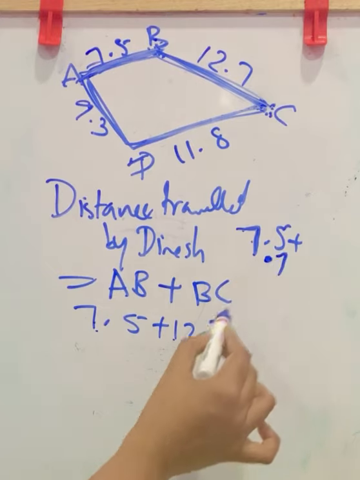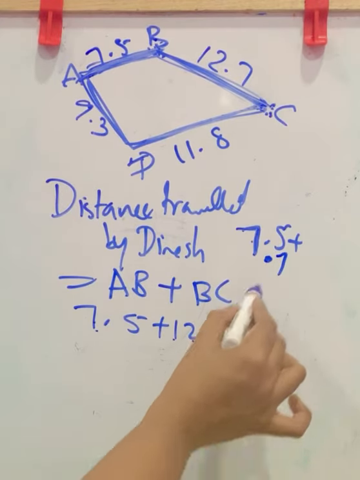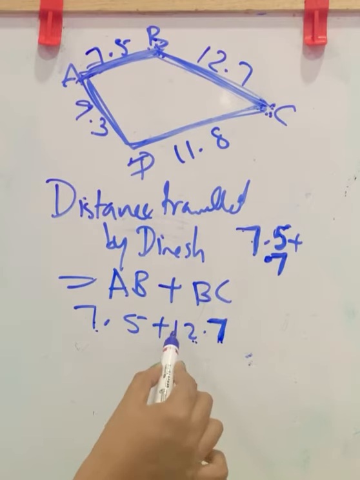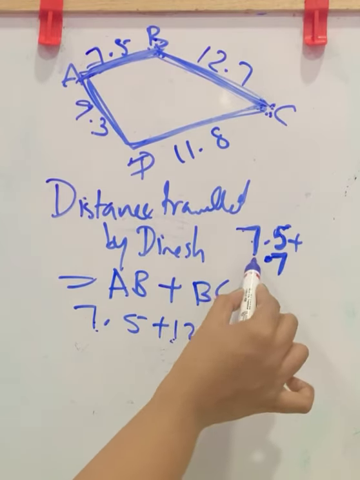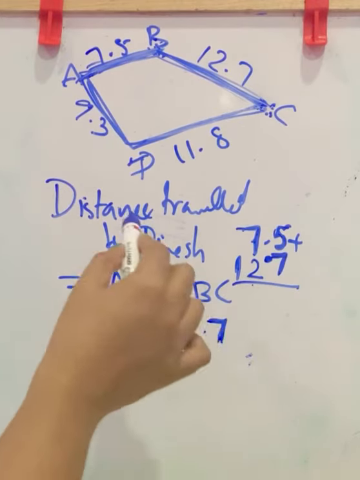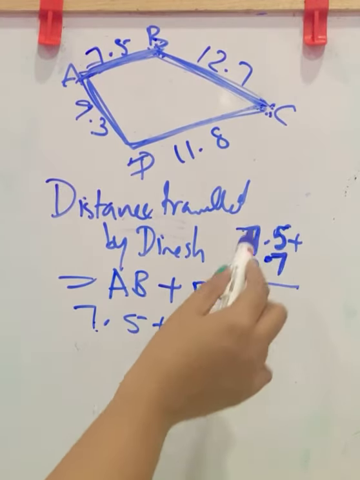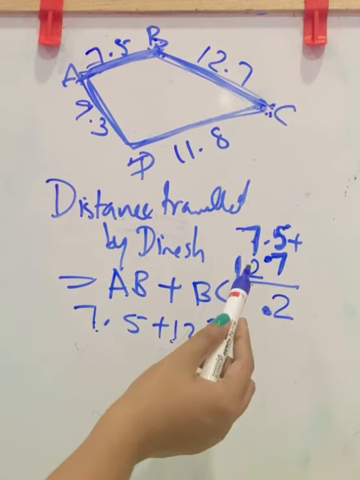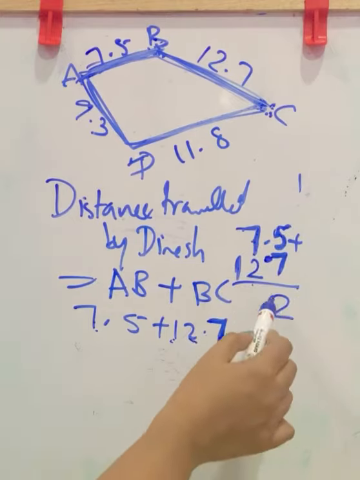Now 7 is here in 10th place, that you will write under this 10th place. Now 12. In 12, 2 is the units place. So write 2 under this units place, 1 here. So now you can add 7 plus 5 is 12. Put the decimal here. Now you have 1 balance in 12.